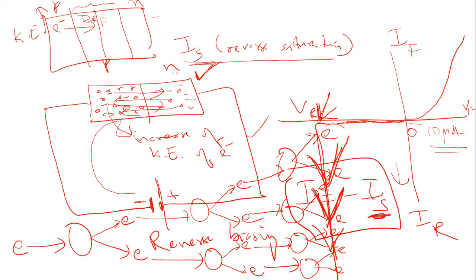So you cannot apply a very large reverse voltage. There has to be a certain value of reverse voltage up to which you can apply. Only then you will prevent your device from breaking down.